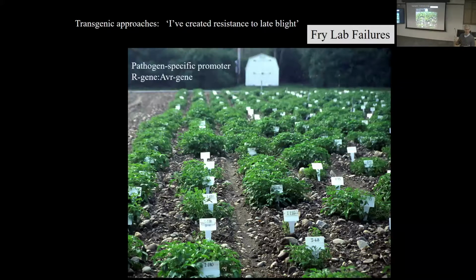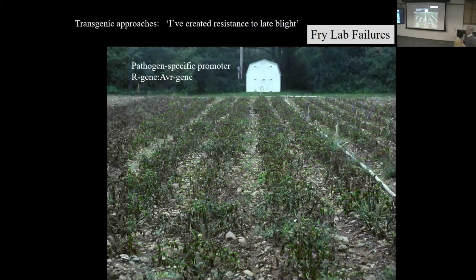The idea being that when the pathogen contacted the cell, it would activate this cassette, and you'd do HR, and you'd get resistance. Makes sense, right? So apparently, that's what was licensed, and this is the result of that experiment.